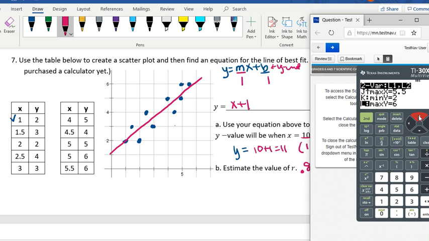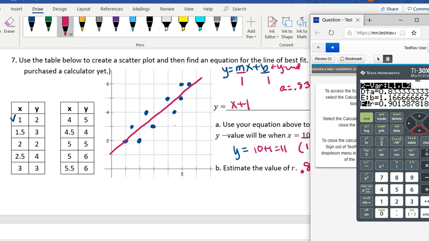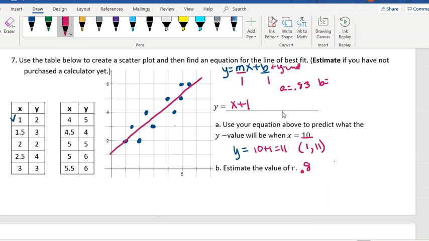And I'm going to scroll up, because it's closer to go up, until I get to where it has D, E, and F. So D, E, and F has my A equals 0.83, B equals 1.67, and R is 0.9.